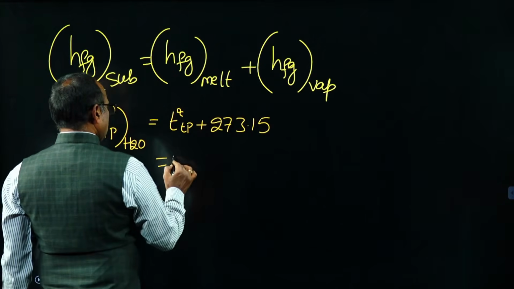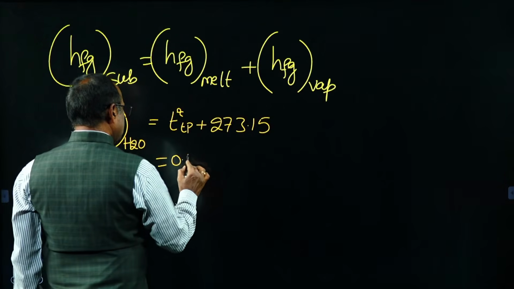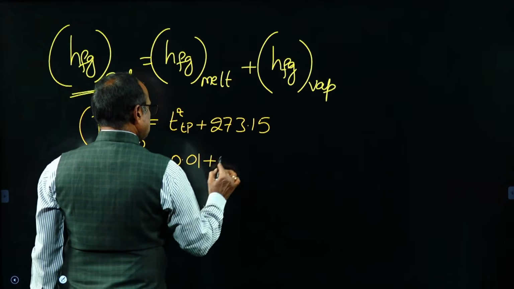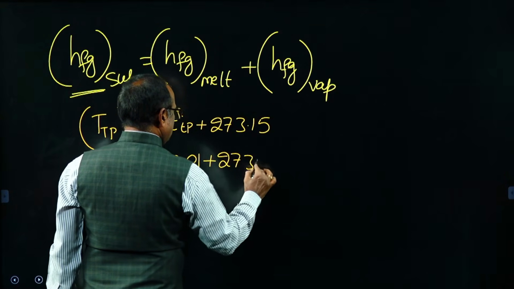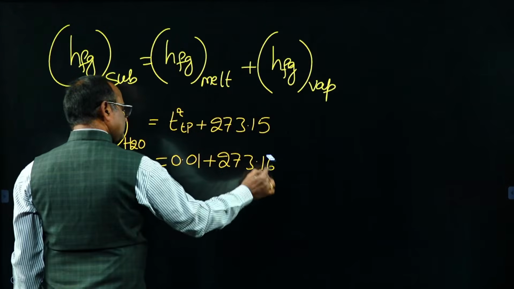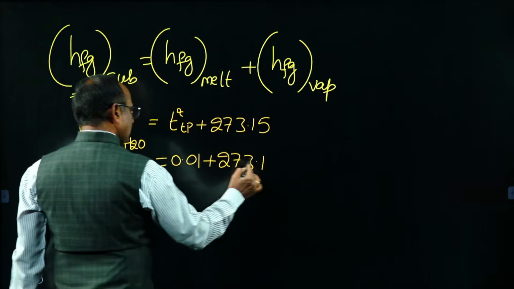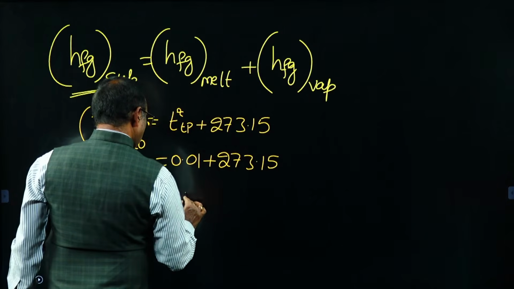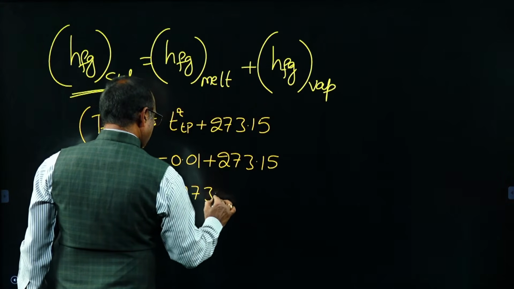The triple point temperature is 0.01 plus 273.15, which is equal to 273.16 Kelvin.